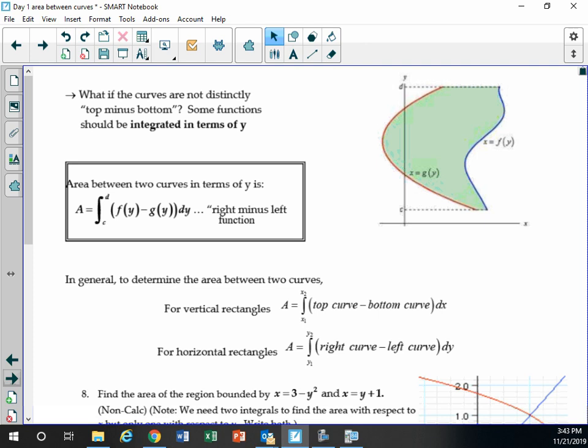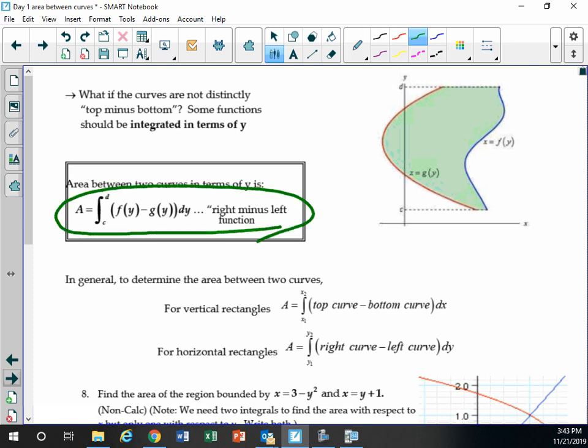What they do is we can talk about it right versus left. So this is where we now talk about things in terms of the y, which means it is no longer y equals, it is now going to be x equals, and that's the difference here. It all depends on what makes sense.